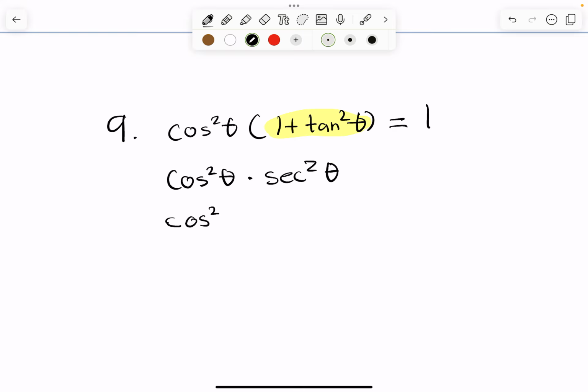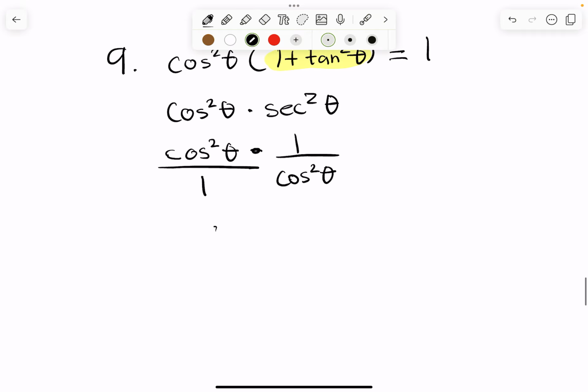And then secant is a reciprocal of cosine. And do you see how we get cosine squared over cosine squared, which just equals 1. So once again, seeing the 1 plus tangent squared, it was very convenient to use the Pythagorean identity for this one.